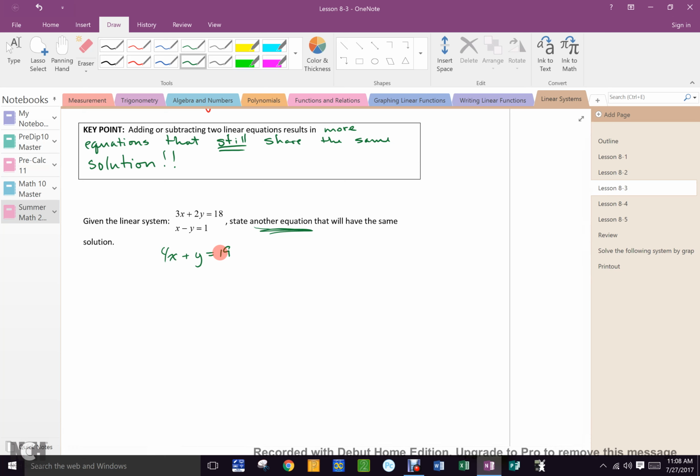Subtract the equations. 3 minus 1 is 2x. 2 minus minus 1 is plus 3y. And 18 minus 1 is 17. I could do that. What else could I do? Multiply what?